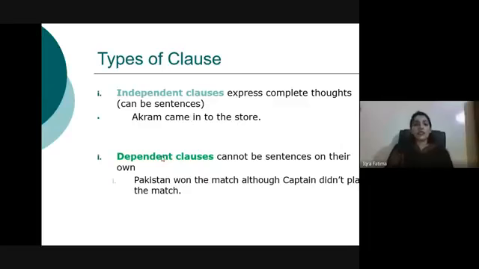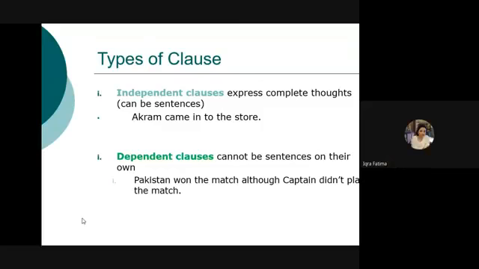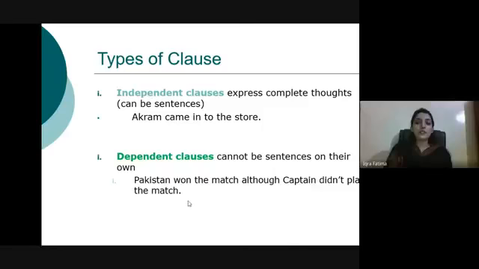Dependent clause. A dependent clause means it is dependent on another clause. It is not independent. So a dependent clause will always depend on an independent clause in a sentence. It is not a complete sentence on its own. Now you can see here, Pakistan won the match, although captain didn't play the match.